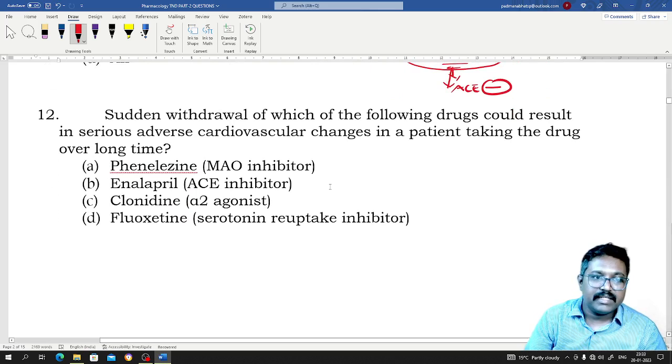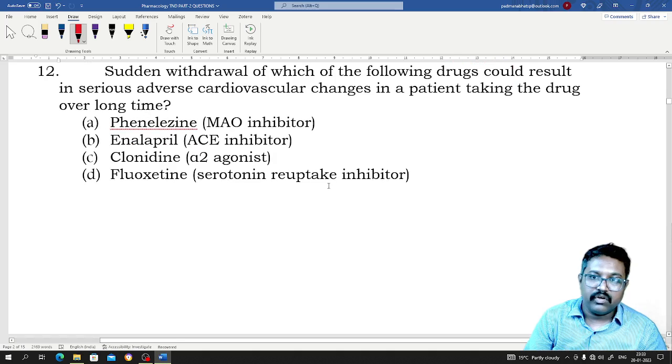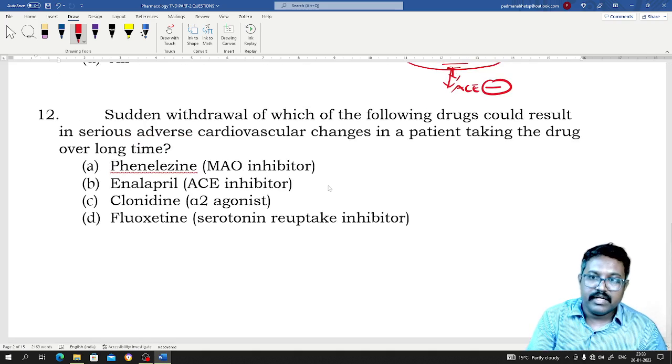We'll move on to the next question, that is the 12th question. A sudden withdrawal of which of the following drugs could result in serious adverse cardiovascular changes in a patient who is taking a drug over a long time? Usually, if you check the options, you will come to know it's not seen with phenylephrine or enalapril or fluoxetine.